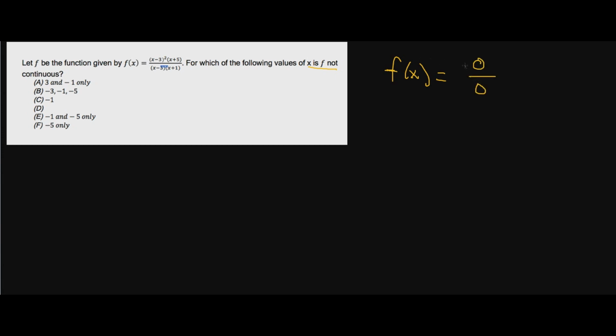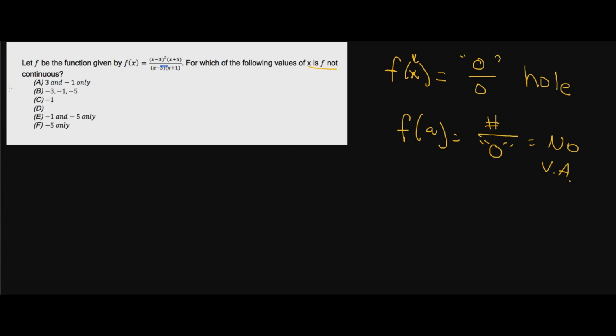Anytime you can get 0 over 0, this is going to give you a hole. If you can plug in some number, I'll call it a, and you get some number on the numerator divided by 0, well, can you divide by 0? No, that's a vertical asymptote. So anytime you get 0 on the denominator, it's not continuous, okay?